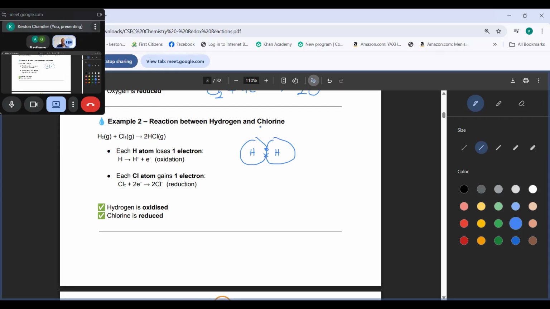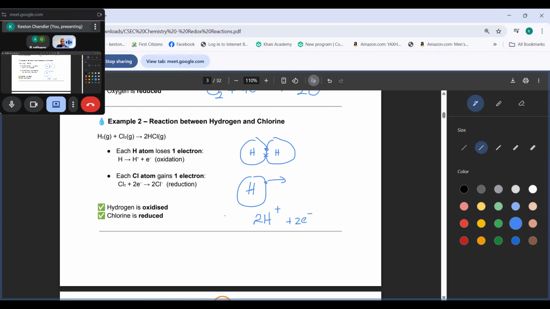So it's balanced. The overall charge is 0. Now, if they each split up and they lose the electron that was on the outer shell, then it becomes an H plus ion. But remember, there were 2 of them. So it's losing 2 electrons, right?